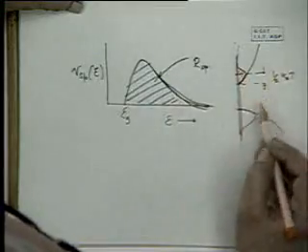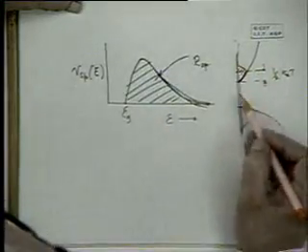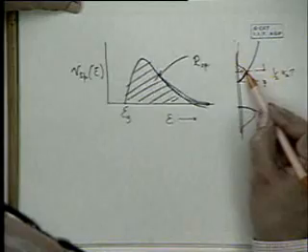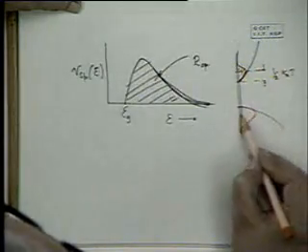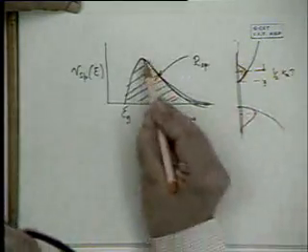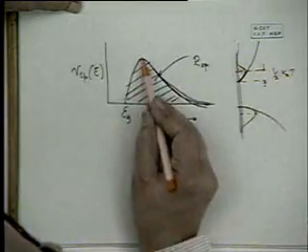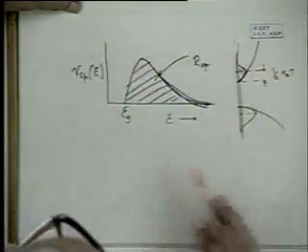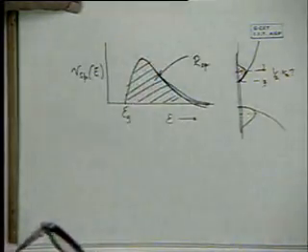So recombination takes place not only from here to here, but obviously the density of electrons is here, maximum density of holes is here, maximum. So the maximum here is not at the band gap, but at slightly higher energy.